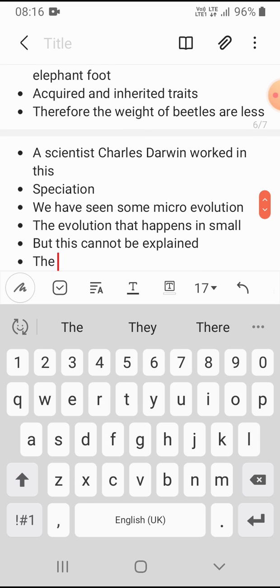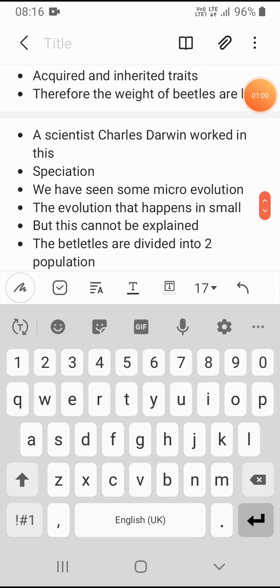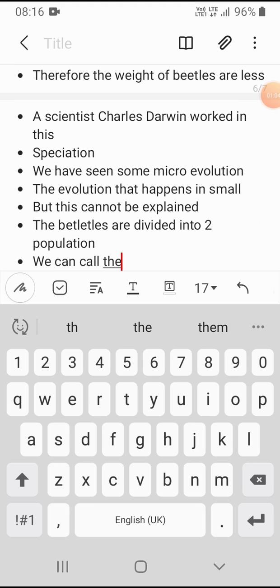So the beetles, as we did earlier, beetles are divided into two populations. We divided them there, so we can call them independent species.